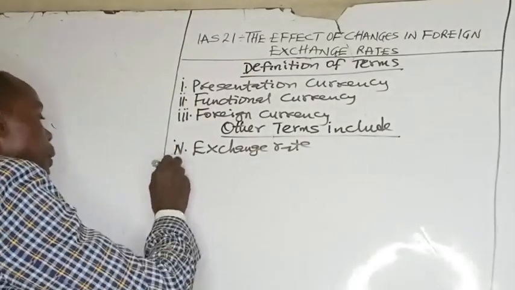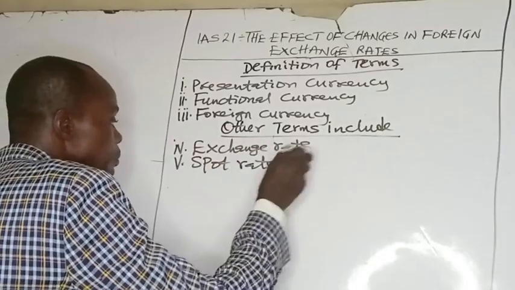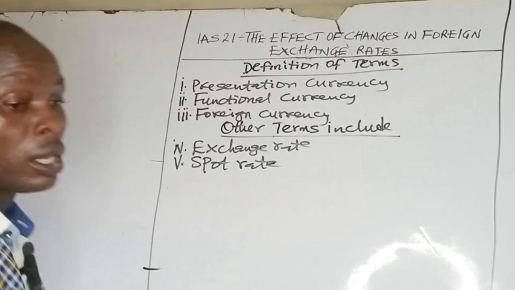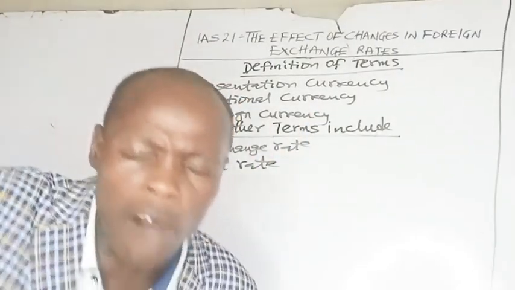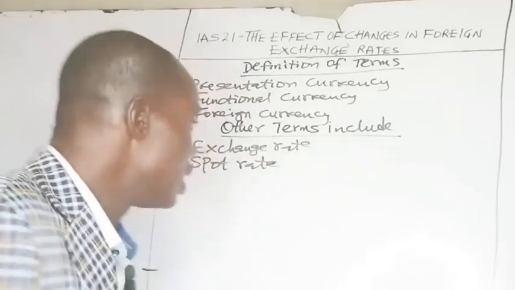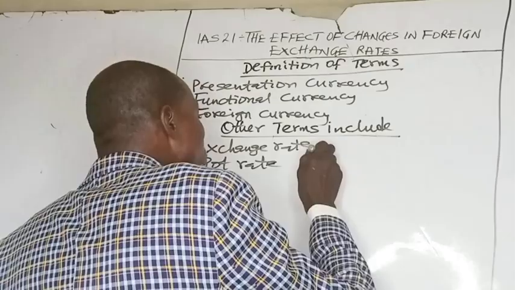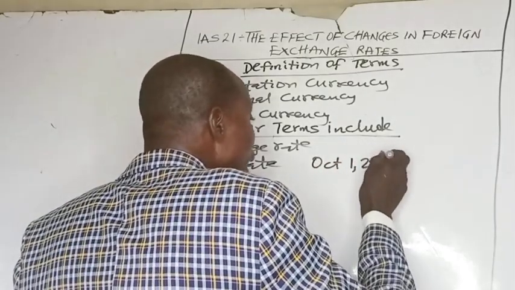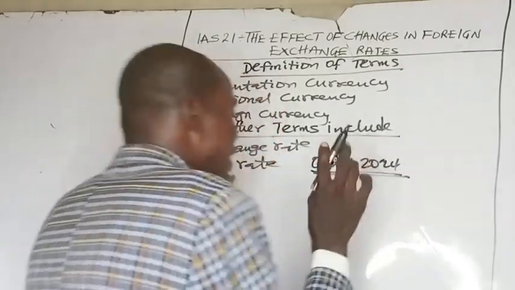Number five, we have spot rate. Spot, the time of transaction. Spot rate is the exchange rate at the date of transactions. If the transaction occurs as at, let's say, October 1st, 2024, the spot rate is the rate as at this date.